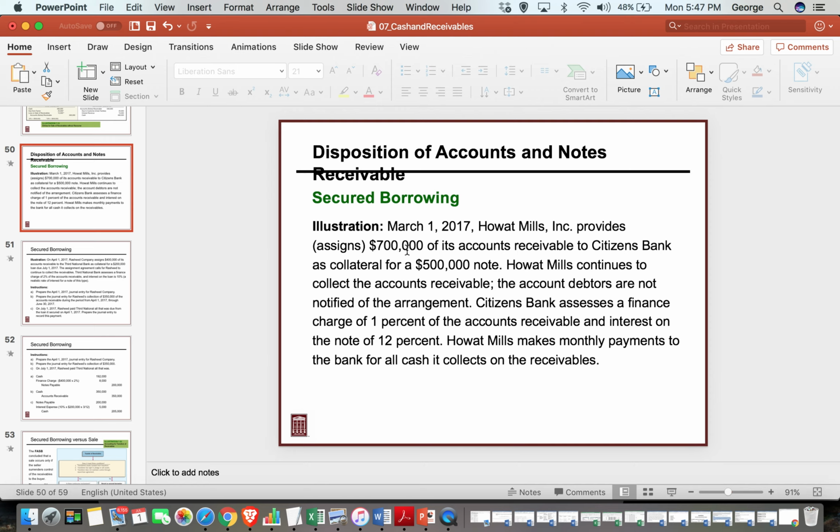The $700,000 receivable is assigned to Citizen Bank. As long as Howitt Mills pays their bill to Citizen Bank for the $500,000 note, everything's fine. If not, the receivables have been assigned to them, so they'll be legally able to collect these receivables.